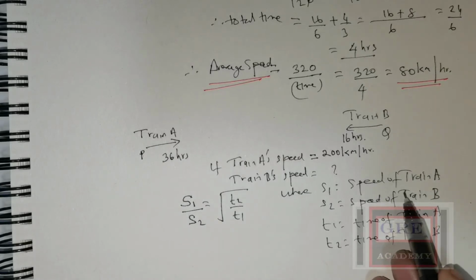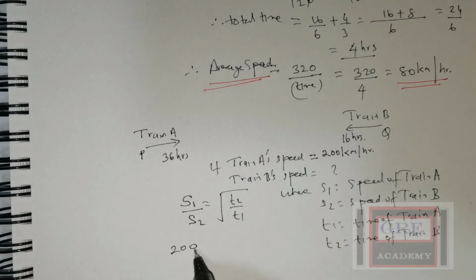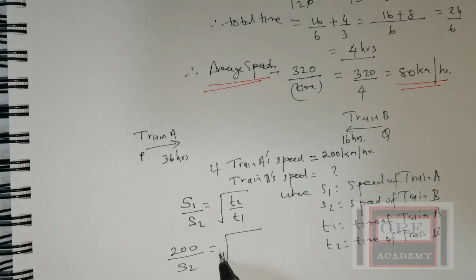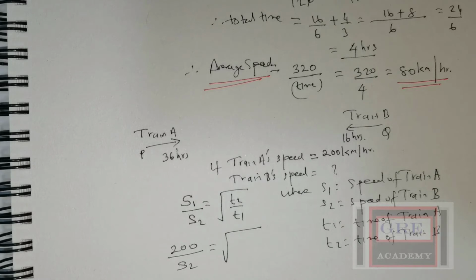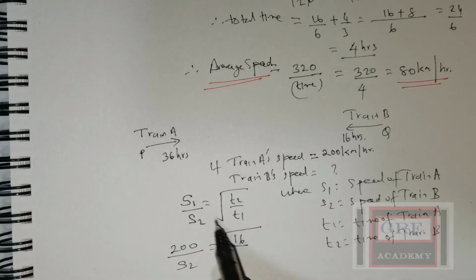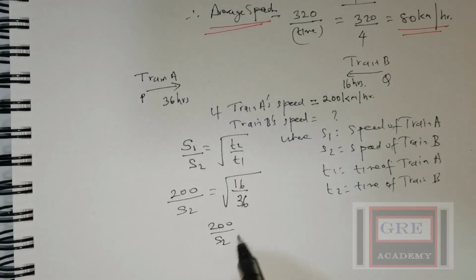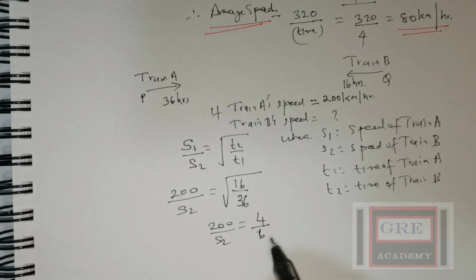So S1 is the speed of train A, given to be 200. S2 is not given, so square root of T2, the time it takes for train B, that's given to be 16, divided by T1, the time it takes for train A, that's 36. So this is 200 divided by S2 is equal to root of 16, which is 4, over root of 36, which is 6.